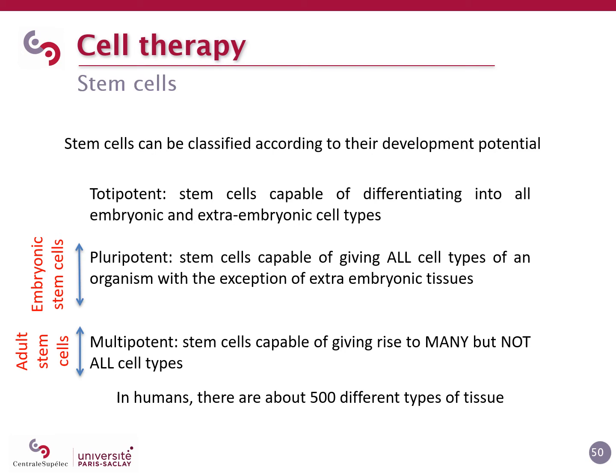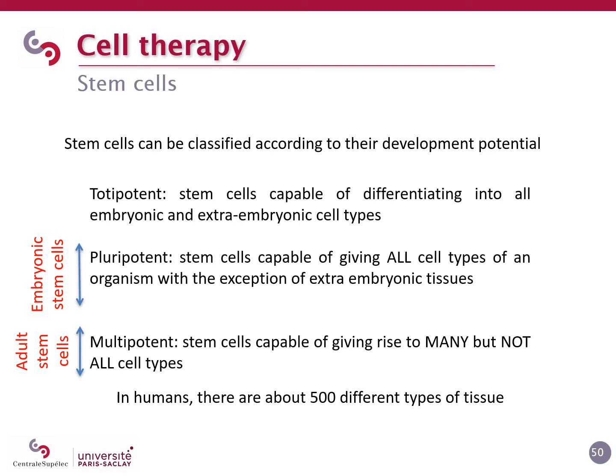There is a hierarchy for stem cells according to their differentiation abilities. For instance, totipotent stem cells are cells that are capable of differentiating into all embryonic and extra-embryonic cell types.